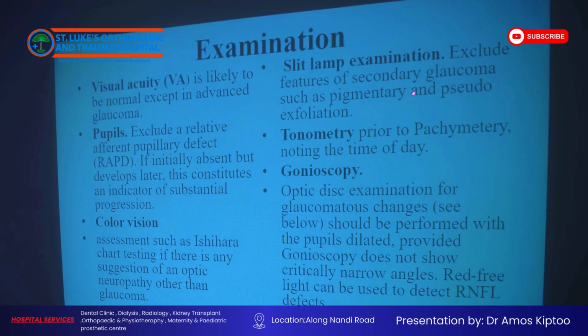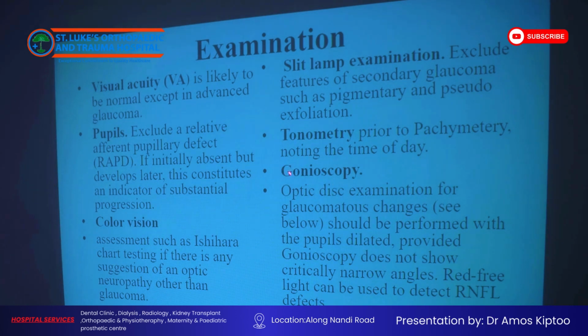And after that we measure the intraocular pressure through a procedure called tonometry so that we check the pressure. So we examine you. Once you come to the eye clinic, we check the pressure. We also do a slit lamp examination where we examine the angles through a procedure called gonioscopy. As you can see, this procedure is done in conjunction with the slit lamp examination and tonometry at the same time.